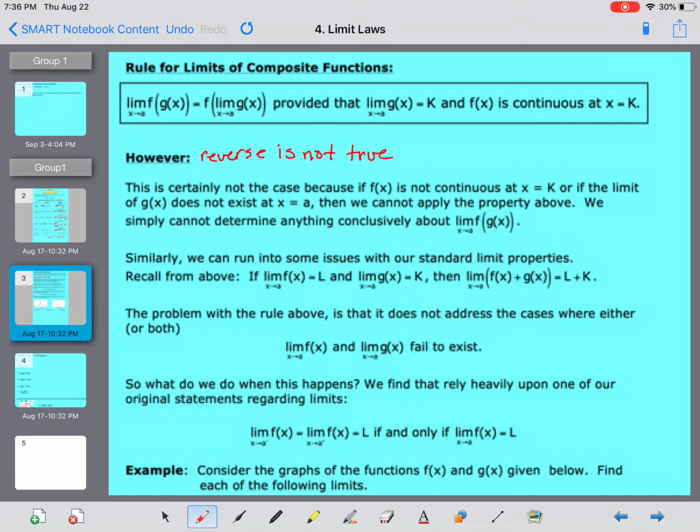Okay? When that happens, what we do is we rely on our one-sided limit. So if we have a situation where our limit doesn't exist, we're going to rely on the one-sided limit to verify that it truly does not exist after composition. So there's going to be a couple examples at the bottom.